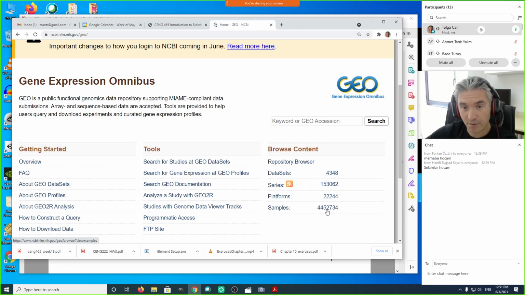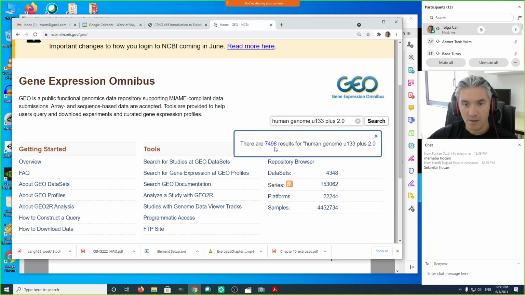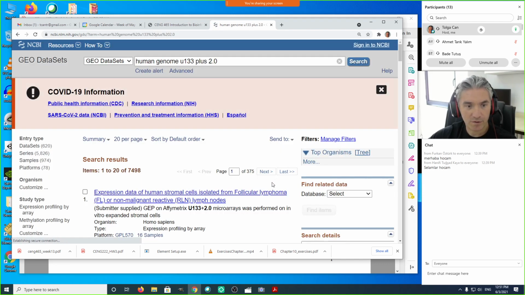Now, for example, let's search for the chip's name, which was Human Genome U133 Plus 2.0. It's one of those platforms. A platform is a particular type of chip or technology. So when I search for Human Genome U133 Plus 2.0, that was the name of the chip, there are many results, but let's click on this result count.